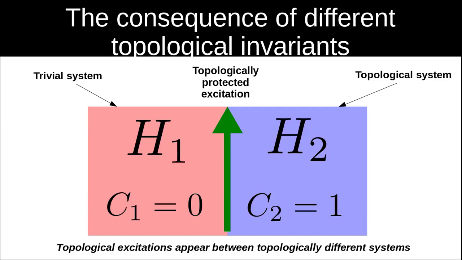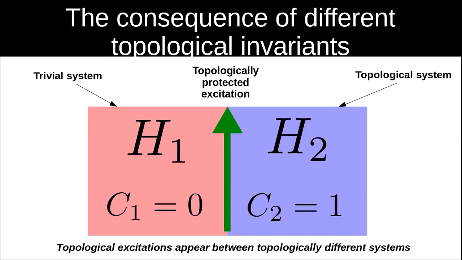There's no way of going from H1 to H2 without closing the gap. And therefore, irrespective of how this interface between H1 and H2 is, you are always going to have a metallic state over there. You are always going to have a topologically protected excitation over there.